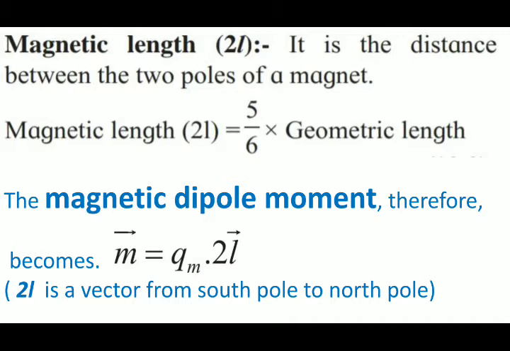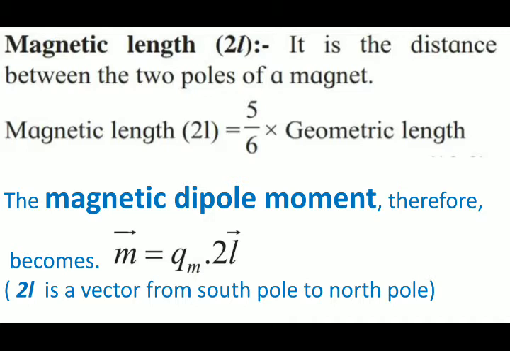So in the definition you can say that it is the product of pole strength into magnetic length. Now 2l is a vector from south pole to north pole, that's why it is a vector quantity. So this is all regarding some basic terms of a bar magnet.